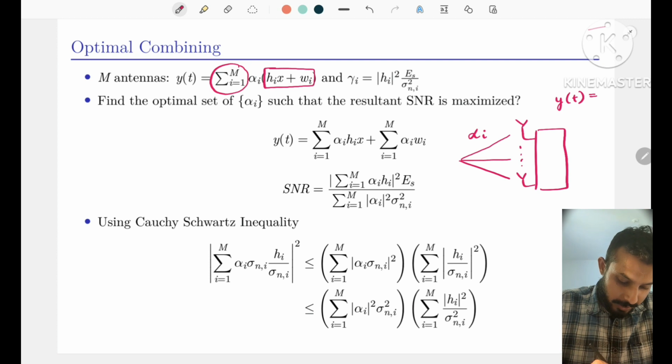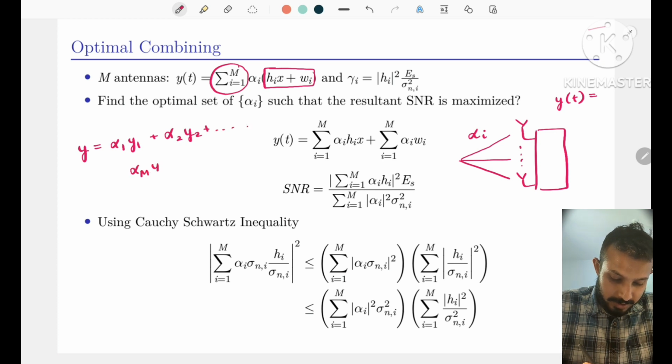So then we can write the received signal y is equal to alpha 1 y1 plus alpha 2 y2 plus so on alpha M yM, which can be written in this form: summation over all antennas.